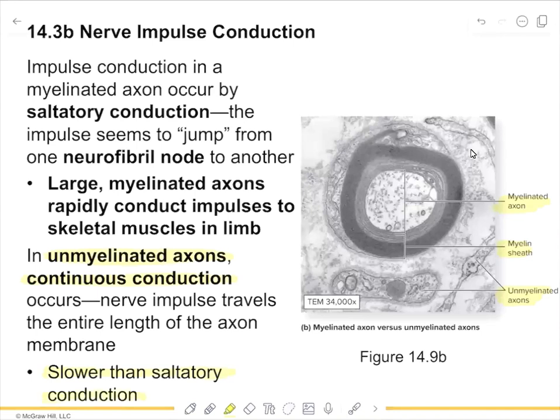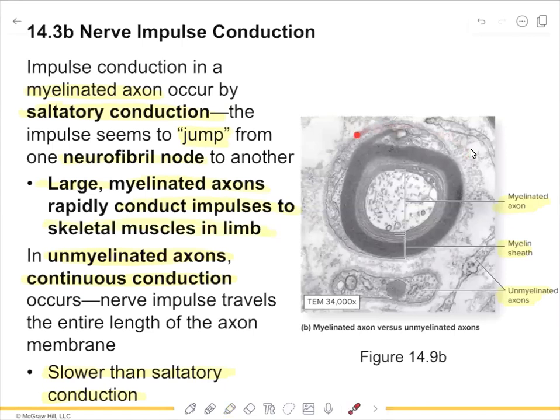So what you need to know is that there's two types of conduction that occur. There's the impulse conduction that occurs in a myelinated axon called saltatory conduction, where the impulse jumps or leaps from one neurofibril node to another. And it happens in large myelinated axons, such as those that conduct impulses to skeletal muscles in the limbs.